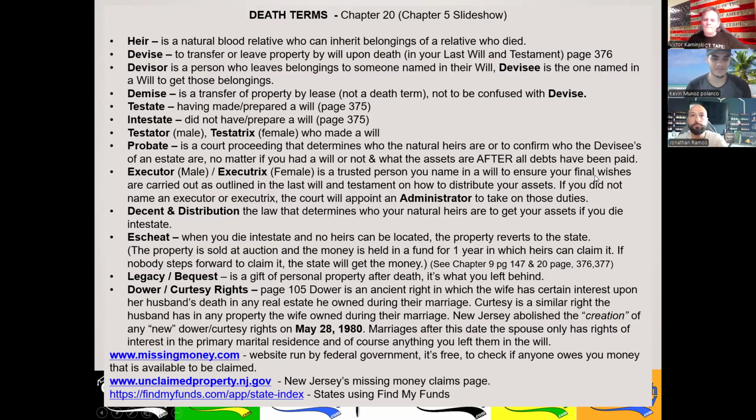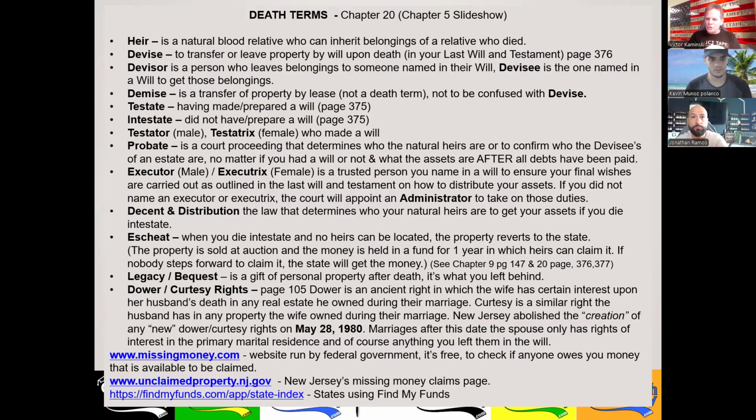Now, when you write a will, it's very important to name somebody to be in charge of making sure that all your final wishes are carried out according to what you wrote in this document called a will, the last will and testament. This should be a trusted person, somebody that you trust and have confidence in, whether it's your relative or your best friend.